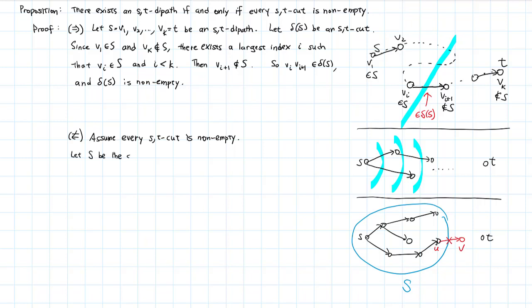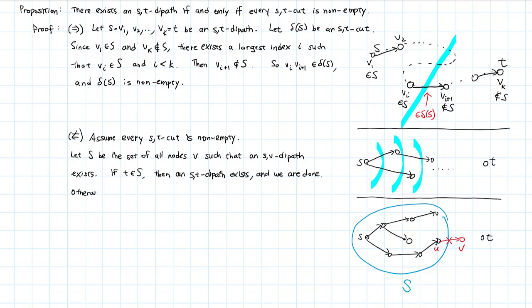Let S be the set of all nodes V such that an SV dipath exists in the digraph. If T is in S, then an ST dipath exists and we are done. Otherwise, T is not in S, so delta of S is an ST cut.